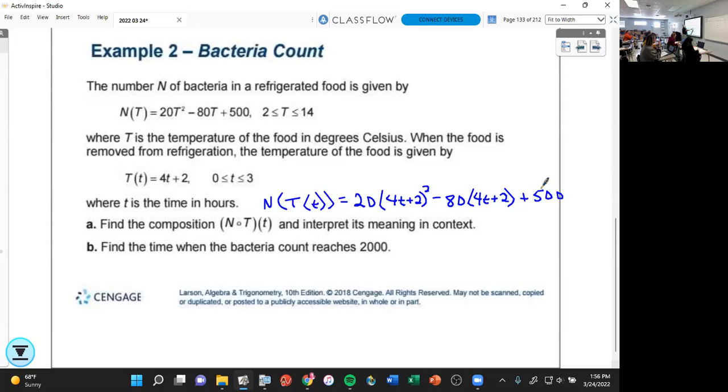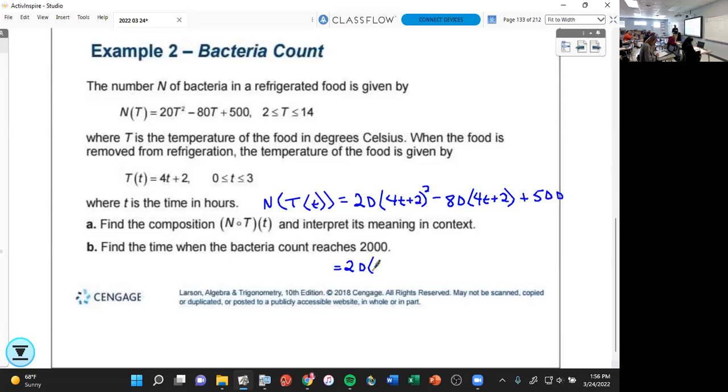Okay. This 20 is being multiplied by this product, which means when I FOIL 4t plus 2, I'm going to leave it in parentheses because that whole thing is going to be multiplied by the 20, just like the negative a while ago. Okay. So I have 20 times (4t plus 2) squared.